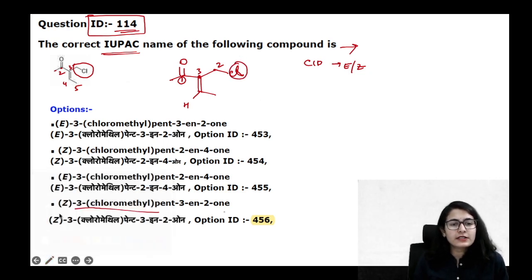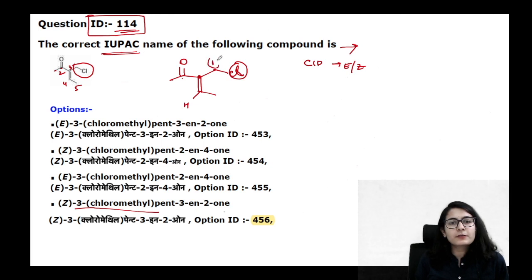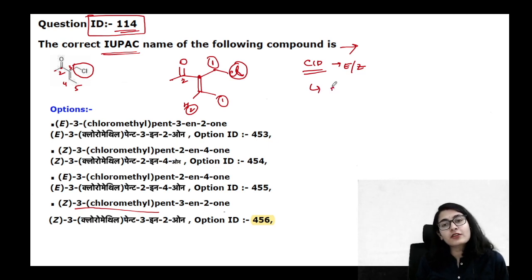So let's just keep it. First priority to this and second priority to this. Similarly, first priority to this, second to this. Because we are following the CIP rules where the priority is given first of all based on the atomic mass.